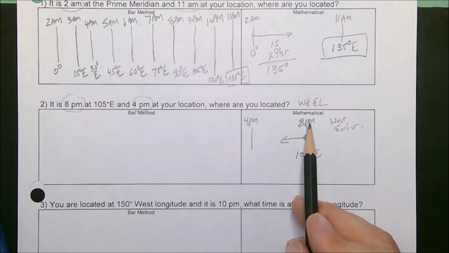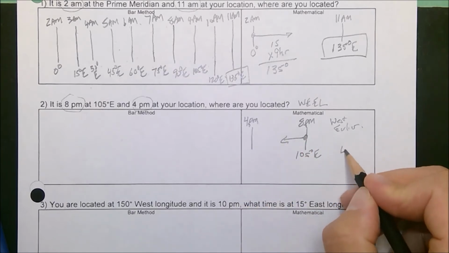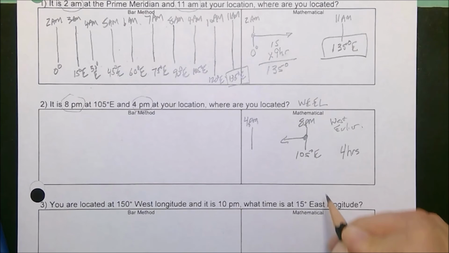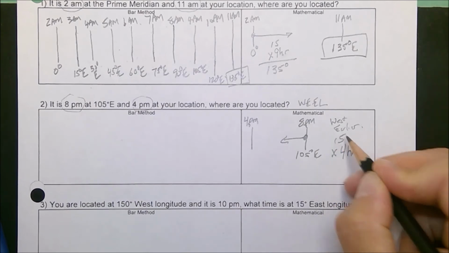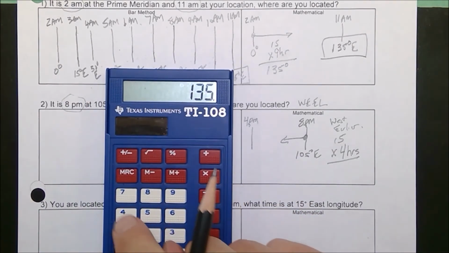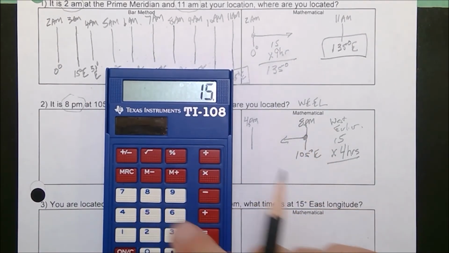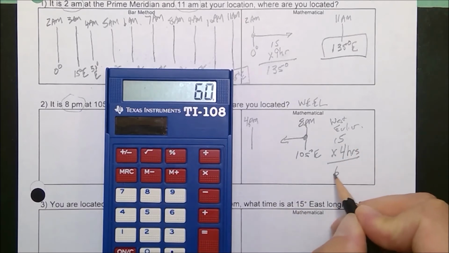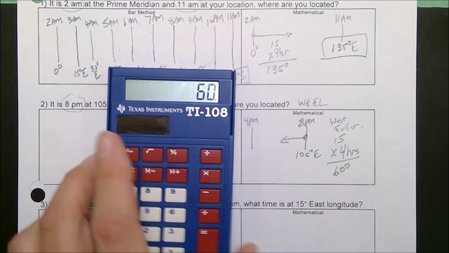Okay, 4 p.m. to 8 p.m. is 4 hours. So my locations are 4 hours apart. I'm going to multiply 4 times 15. For those that need a calculator, 4 times 15 should equal 60 degrees.